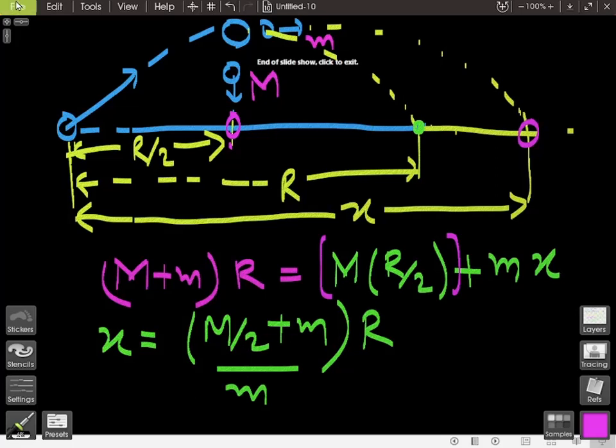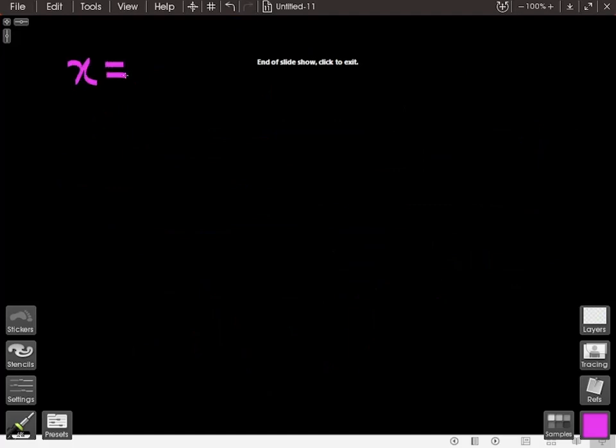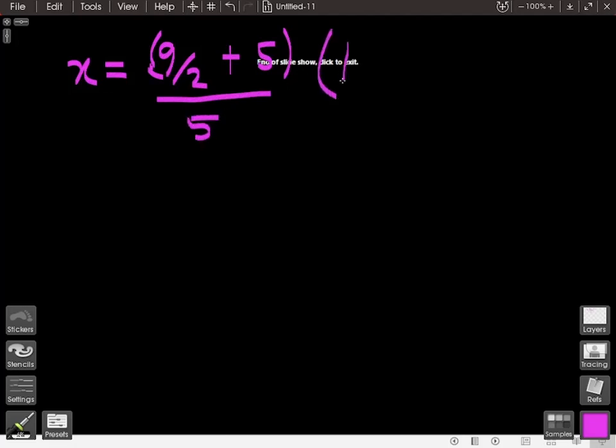So plugging in these values, the location where the small piece falls is basically given by (big M by 2 plus small m) divided by small m, times the range. We calculated the range to be 143.2, if you remember previously.